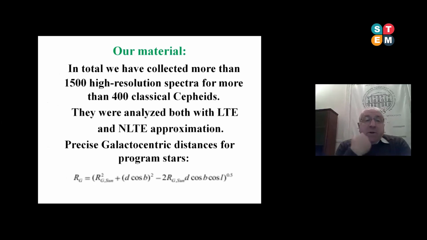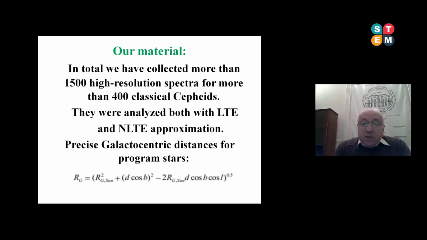So our material, in total, we have collected more than 1,500 high-resolution spectra for more than 400 classical Cepheids. This value is more than half of the Cepheids that are suspected to exist in our galaxy. So we have very good statistics with these stars.